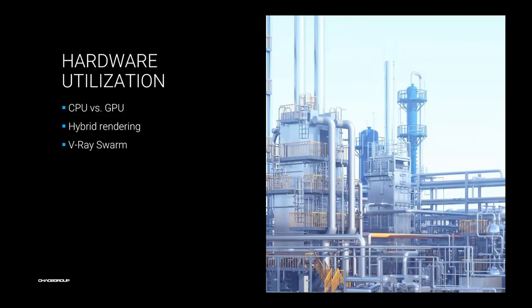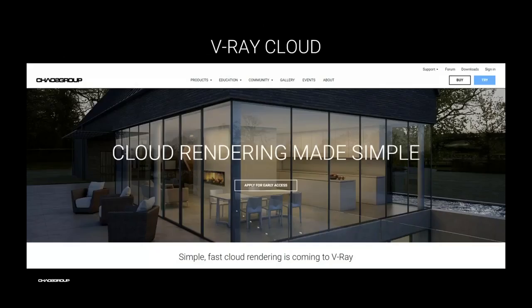In case you don't fit in any of these hardware utilization suggestions, then you can try V-Ray Cloud. Our new cloud rendering service is still in beta mode. It is currently open and is calling for beta testers. To be among the first to try it, apply for access by either clicking the cloud rendering button in the V-Ray for Revit UI.